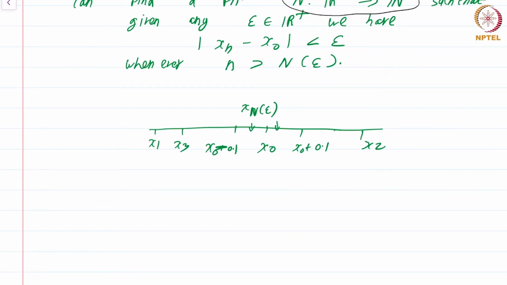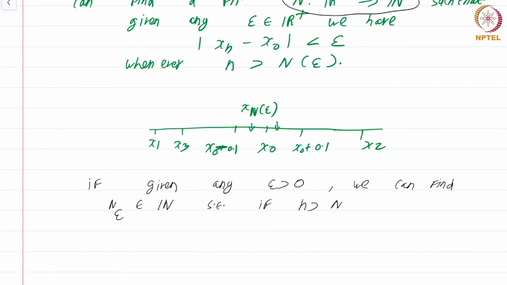We say that xn converges to x0 if given any epsilon greater than 0, we can find N of epsilon in the natural numbers such that if n is greater than N of epsilon, then mod xn minus x0 is less than epsilon. The standard textbook definition just states that given any epsilon, we can find an N of epsilon such that if n is greater than N of epsilon, then mod xn minus x0 is less than epsilon.